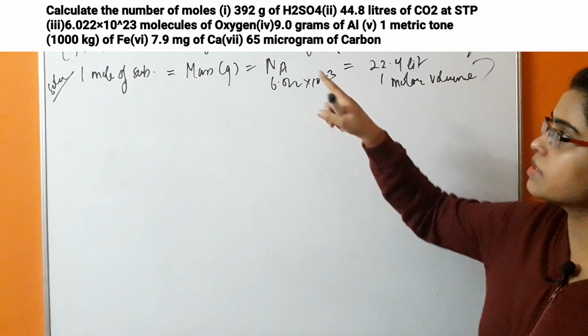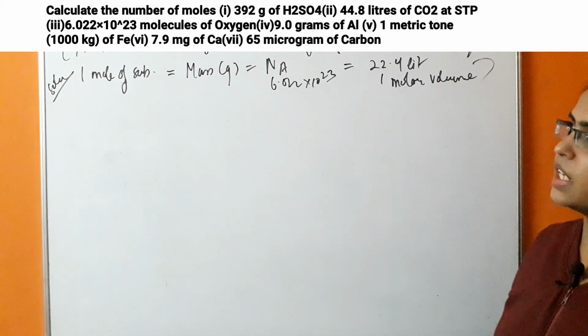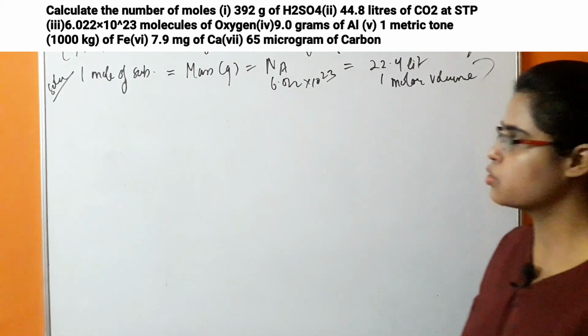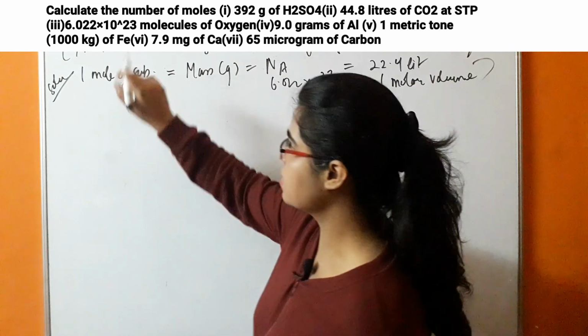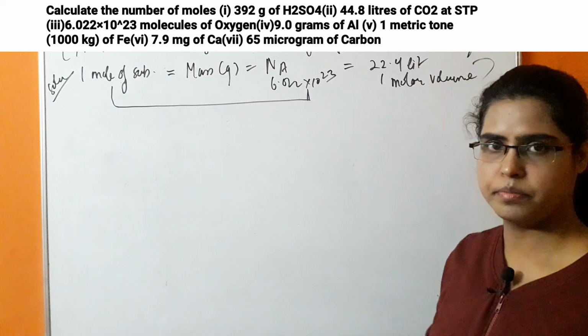Similarly, in the third case, we have to calculate the number of moles in 6.022 into 10 to the power 23 molecules of oxygen. We have to find out the number of moles. In this case, the relationship is between moles and number.